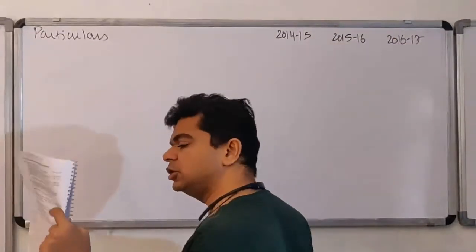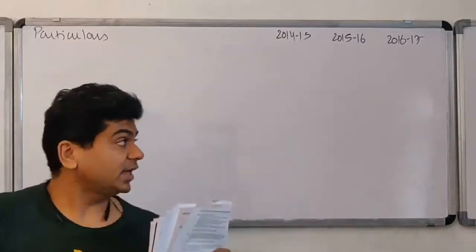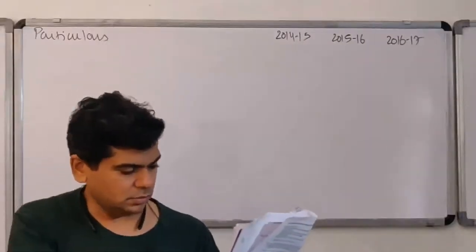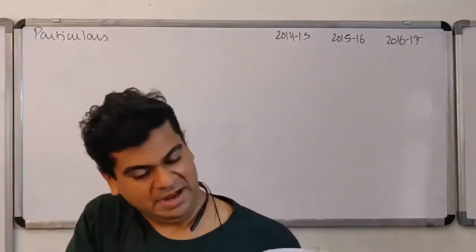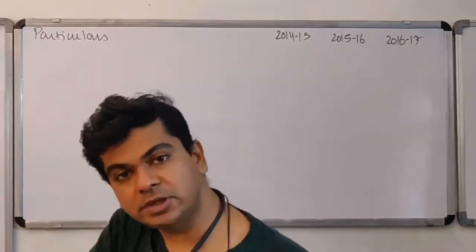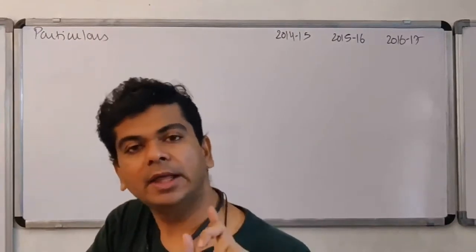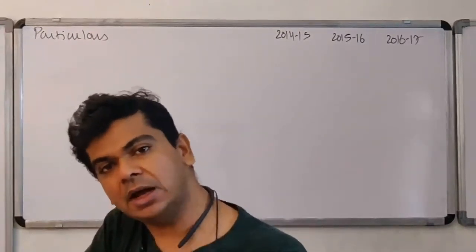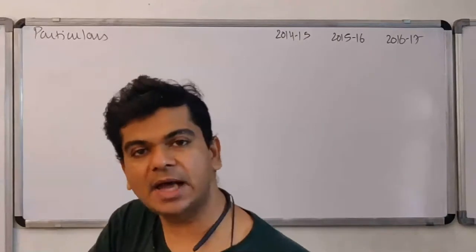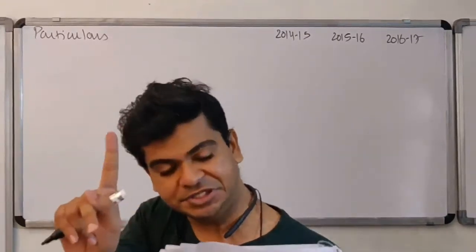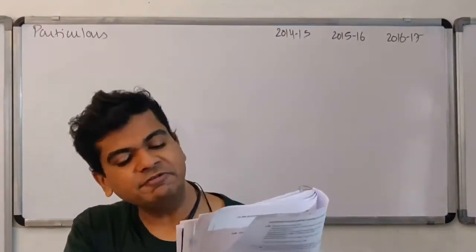The 3 years are 2014-15, 15-16 and 16-17. Whenever you start preparing this statement, always put the first figure which is the higher one. If the accounting figure is higher, then put the accounting figure. And if the taxation figure is higher, then put the taxation figure. The first year, 2014-15, is the first year.